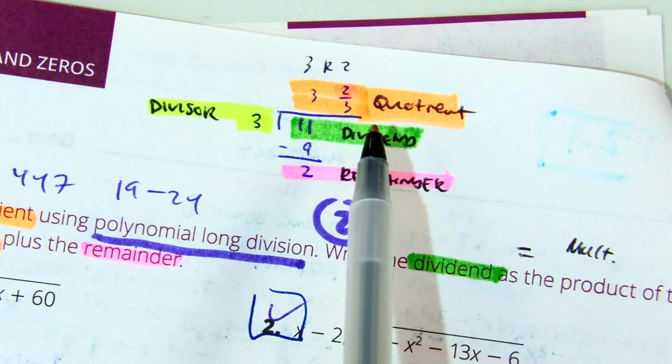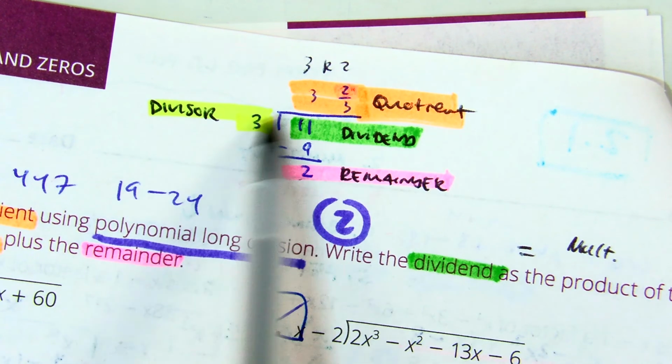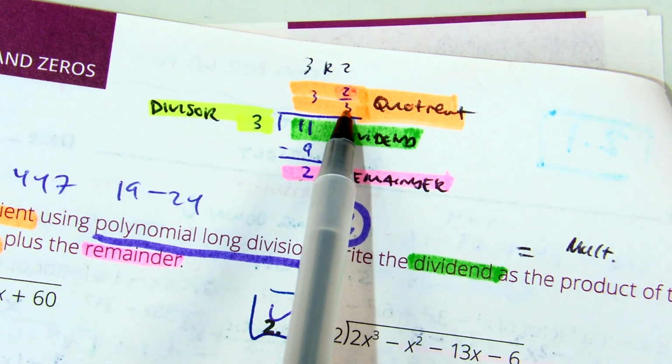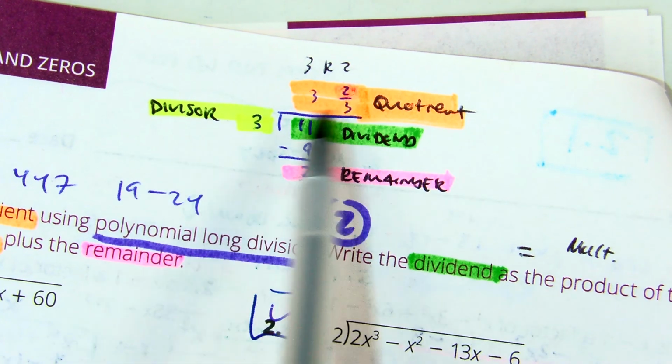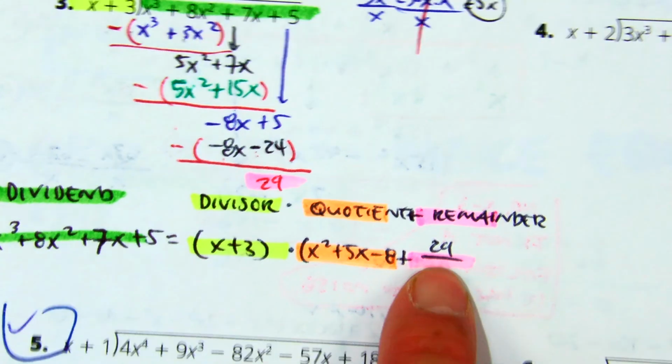You take the 2, you put it on the top of the fraction, the numerator, and then you take the divisor and you put it into the denominator. So this goes on top, that one goes on the bottom. So on the top will be plus 29, and then the bottom will be x plus 3.